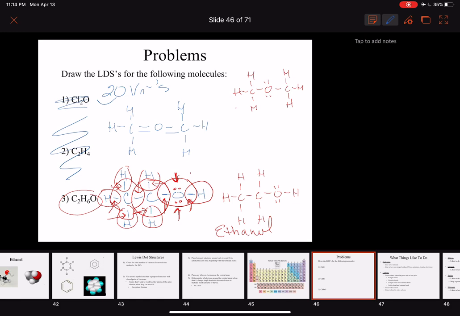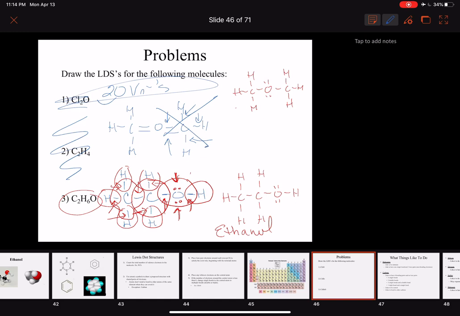Well, we would have used up 20 valence electrons, which is one of the criteria that we have to satisfy for a correct Lewis structure. But the second criteria that we have to satisfy is that all of our atoms have to have their octet or their duet. And if you look at carbon, you've got 2, 4, 6, 8, 10 valence electrons around carbon, and that's not going to work.